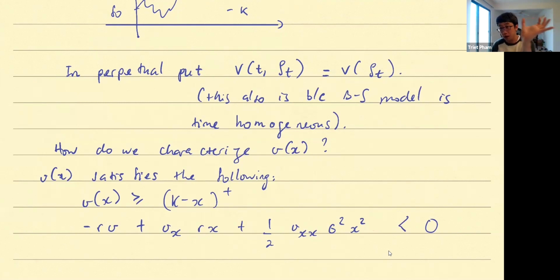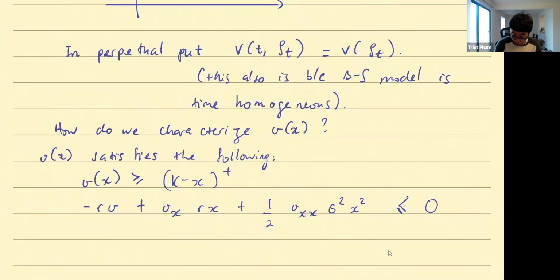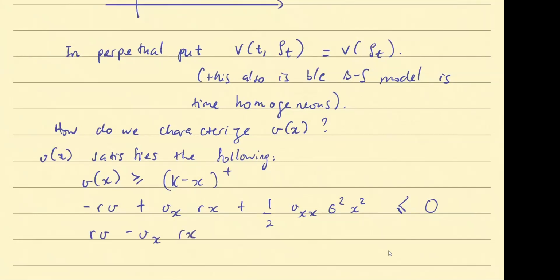As time goes on, you must go down in order for that to be a super martingale. Is that okay? I think you will see that people write it like this. Is that okay?